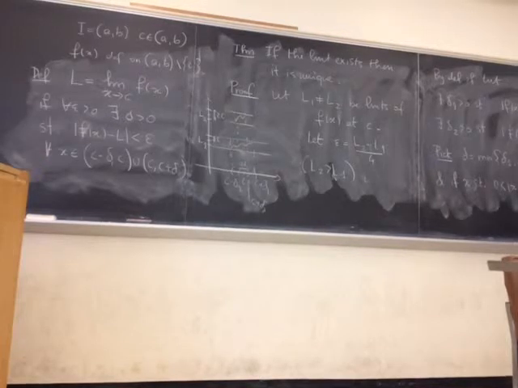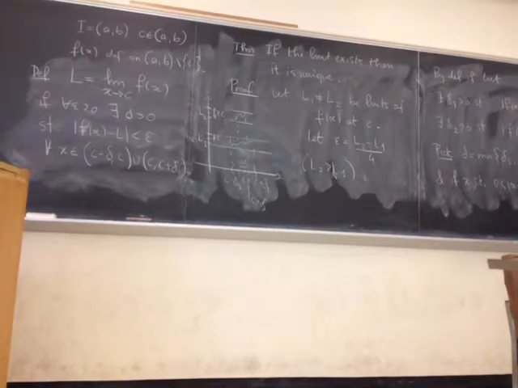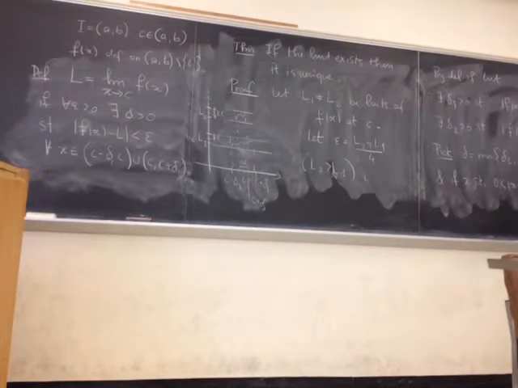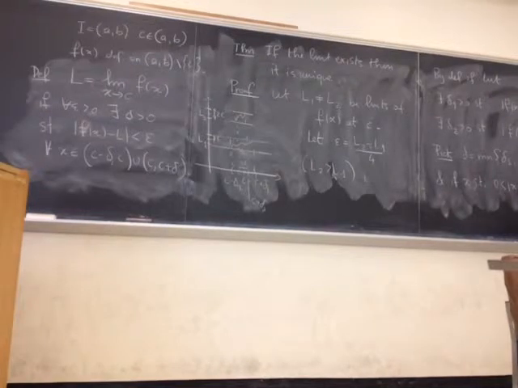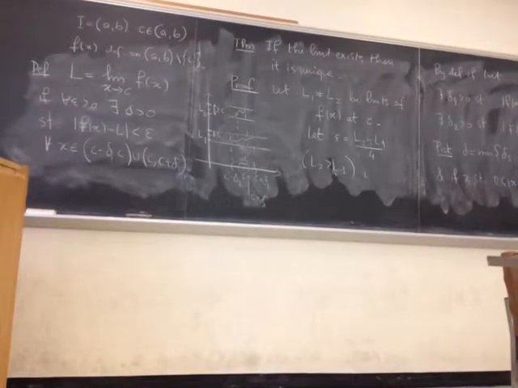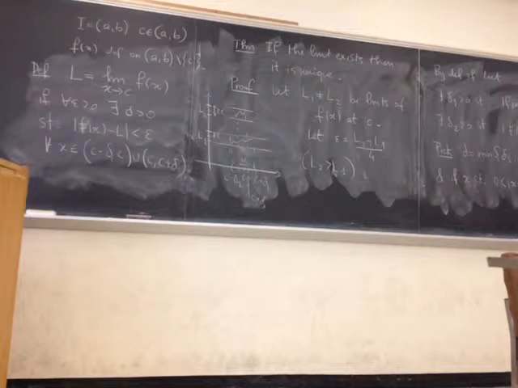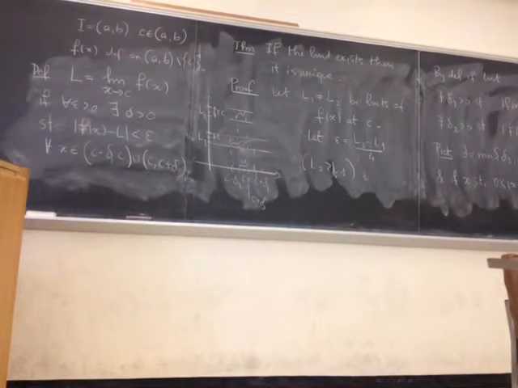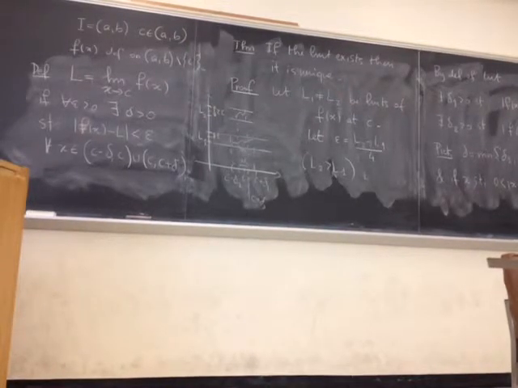I have |f of x minus L1| less than epsilon, and at the same time |f of x minus L2| less than epsilon, and that's big trouble because this implies that f of x is less than L1 plus epsilon, which by definition of epsilon is L1 plus (L2 minus L1) over 4.